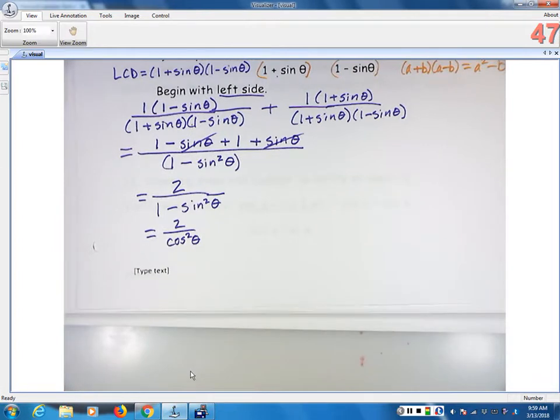We're going to do the right side. So I got the left side to 2 over cosine squared theta.